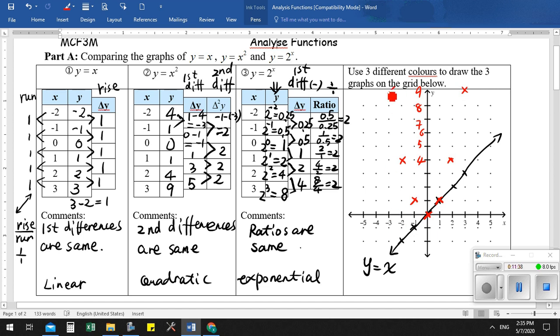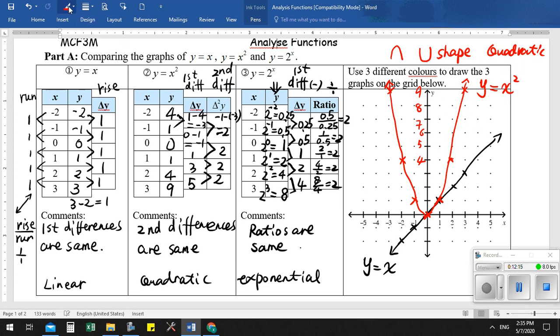And it's symmetric, so you will have another (-3, 9) on the other side. And then you connect those points smoothly. Don't use a straight line, it should be curved. So this is y equals x squared. We also call it a U shape, okay? If you see a U shape, either open up or open down, then we know it's quadratic. So from the shape of the graph, linear is a straight line, and U shape is quadratic.